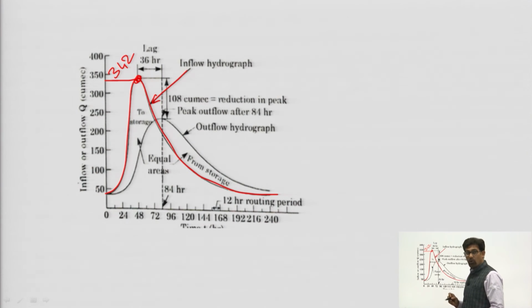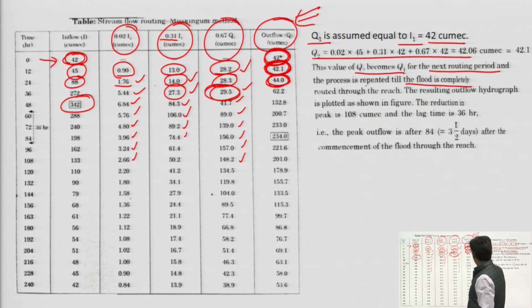And what is the peak of outflow? The peak of outflow is 234.